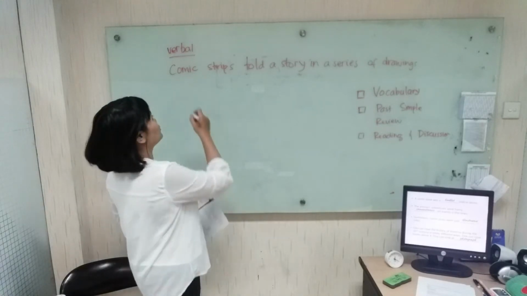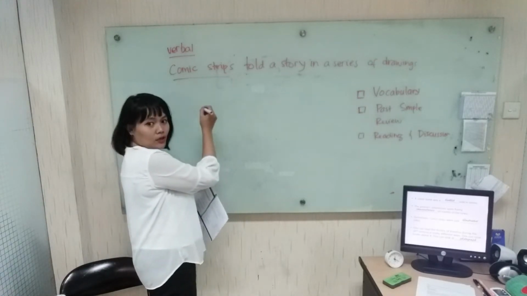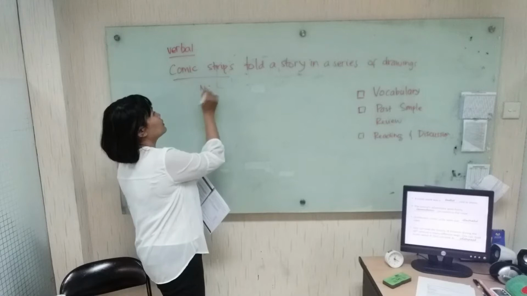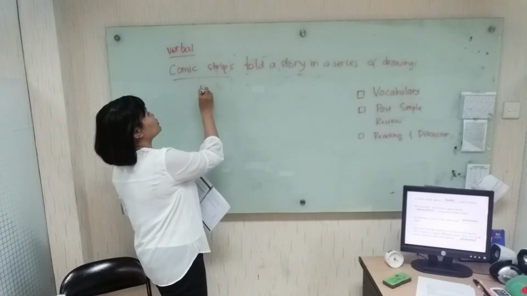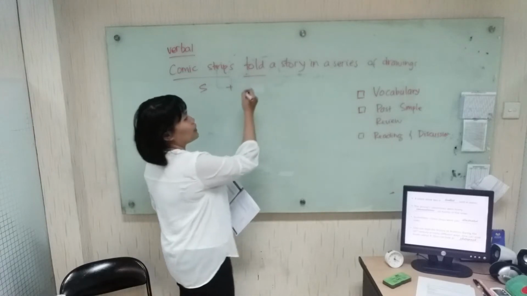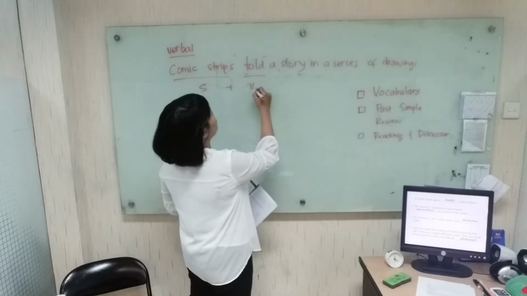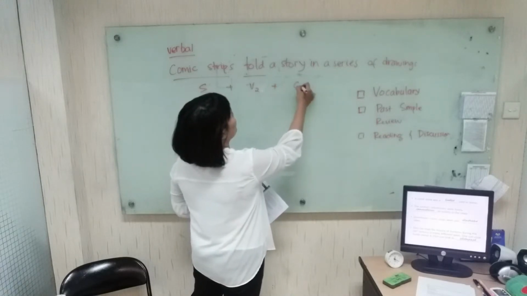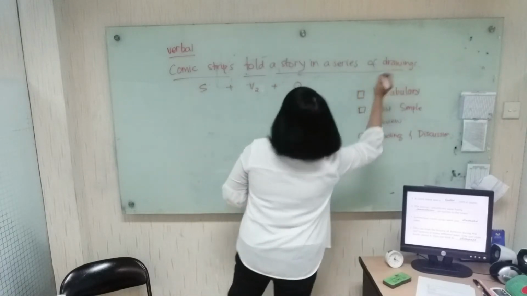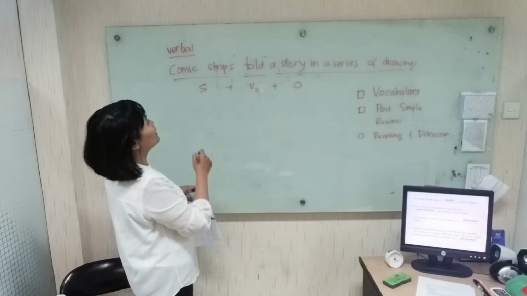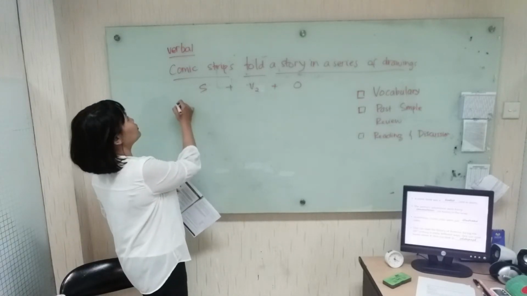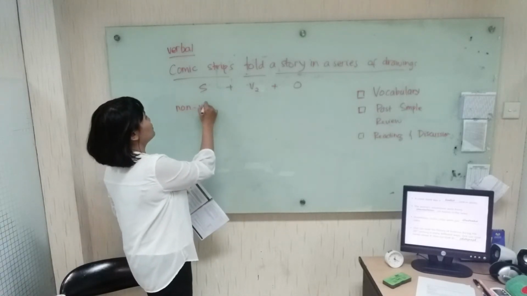Yeah, let's break it down. Comic strips are the noun, or we can call it the subject, yeah. Followed with a verb, yes, okay. Verb 2 and the object. Story in a series. Good job, okay.